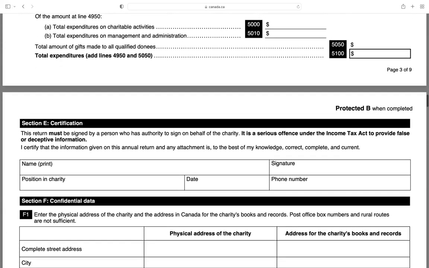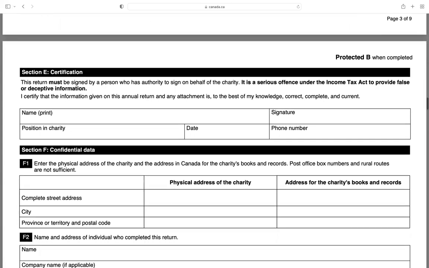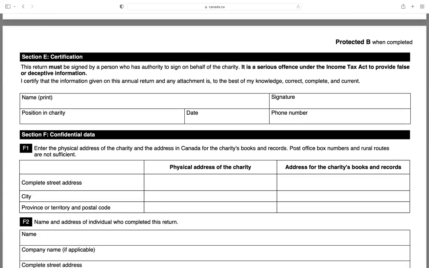Then we go to section E, certification. This return must be signed by a person who is authorized to sign on behalf of the charity.